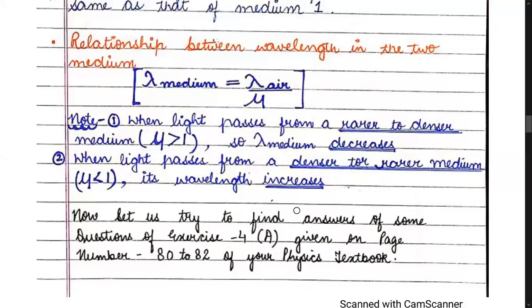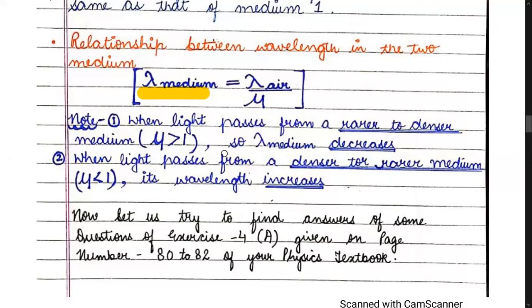We will discuss now the relationship between wavelength in the two mediums. So students, for any other medium like glass, water, oil, diamond, the refractive index changes.